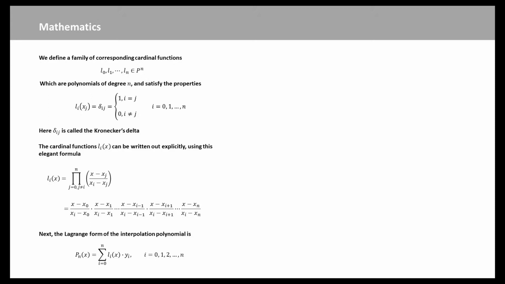The polynomial is a sum over all the cardinal functions, and each cardinal function is multiplied by yi, the corresponding data value associated with xi, and you add it up, i from 0 to n. This form of interpolation polynomial is called the Lagrange form.